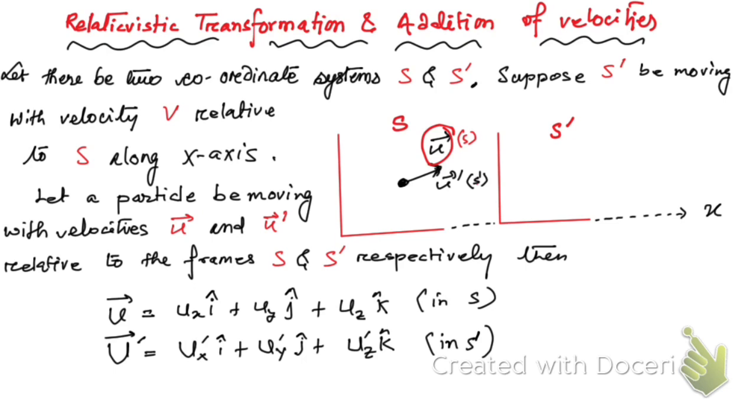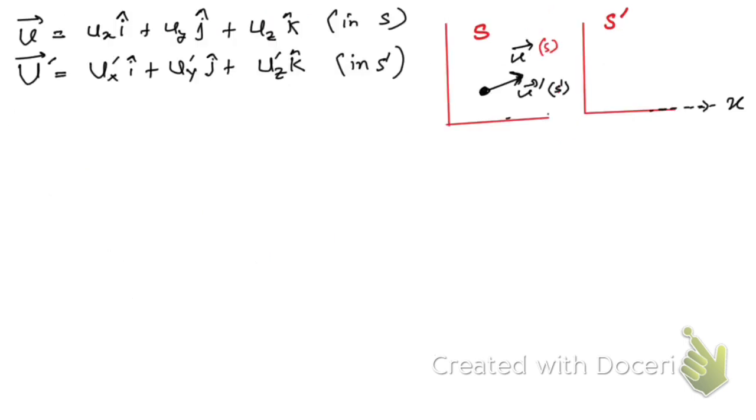Now let me take a new slide. Before that, let me write here. So now you see, ux is the component of u along the x-axis. It will be given by the time derivative of x.